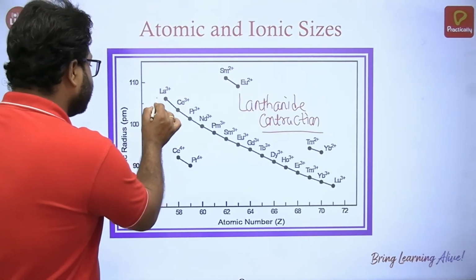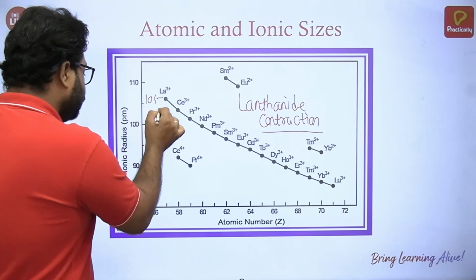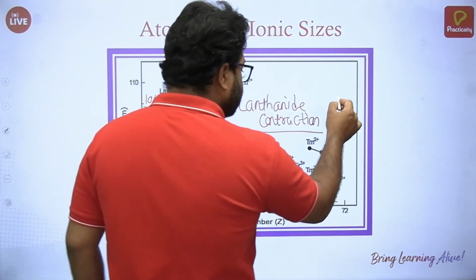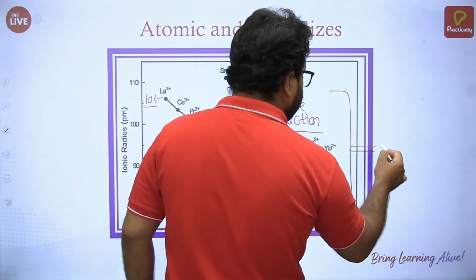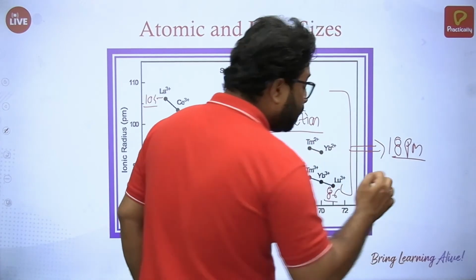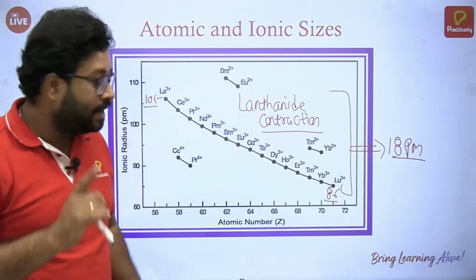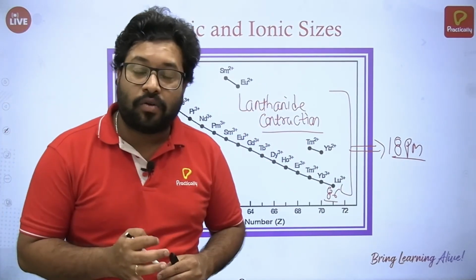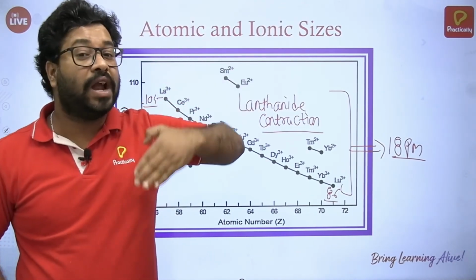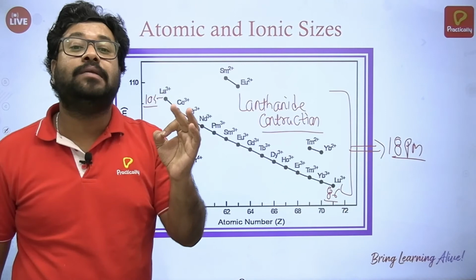Size is decreasing from 104 to 86, in this 18 picometer. Mark my word, mark this very clearly. In this 18 picometer only, there are 14 elements. 104 to 86. This is only 18 picometer.